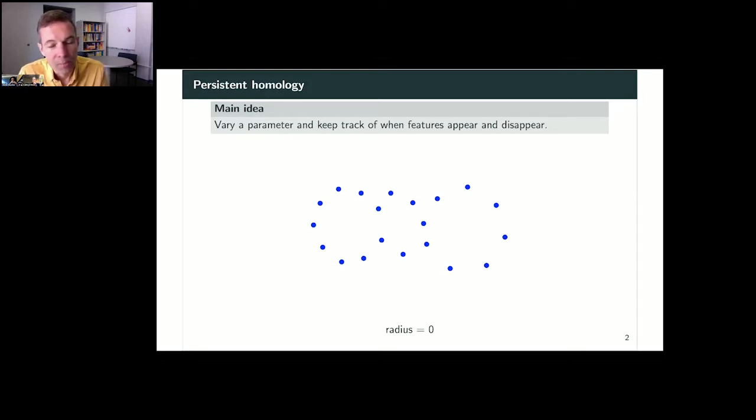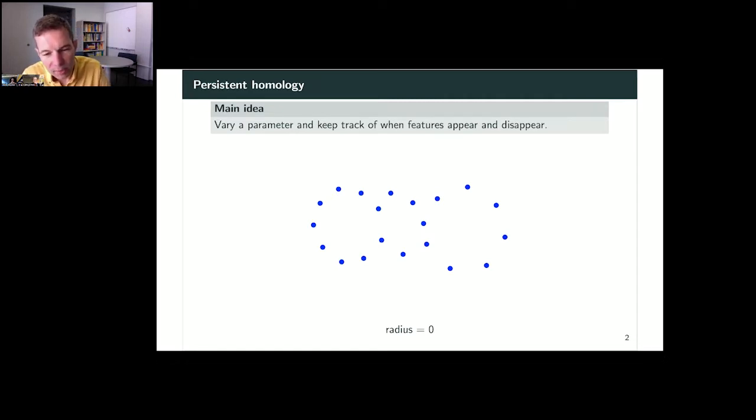Now, constructing a parameterized family of spaces from data is the initial step, but it's in some ways the most important step because there's a lot of flexibility in doing this, and it's really crucial to understand the data and understand the topology and come up with a way of building a mathematical structure that's going to be able to capture the shape that we're interested in.